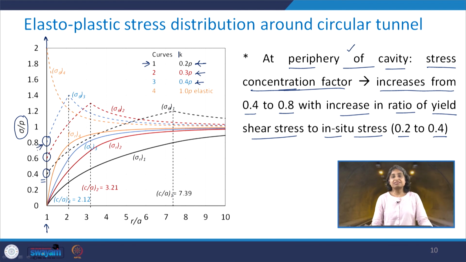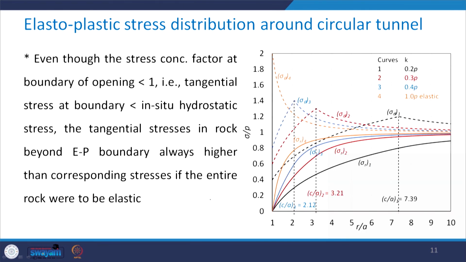So, we can say that as the ratio of yield shear stress to in situ stress increases from 0.2 to 0.4, the stress concentration factor at the periphery of the cavity increases from 0.4 to 0.8. Although the stress concentration factor at the boundary of the opening is less than 1.